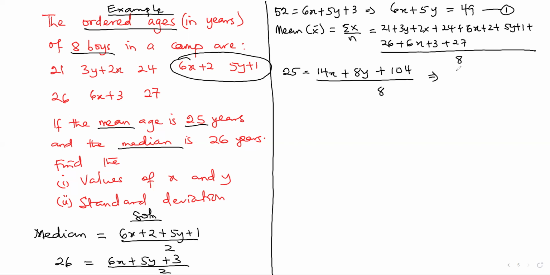So when you cross multiply, 25 times 8 gives you 200. We have 14x plus 8y plus 104. So when you group like terms, you have 14x plus 8y equal to 200 minus 104, which gives us 96.